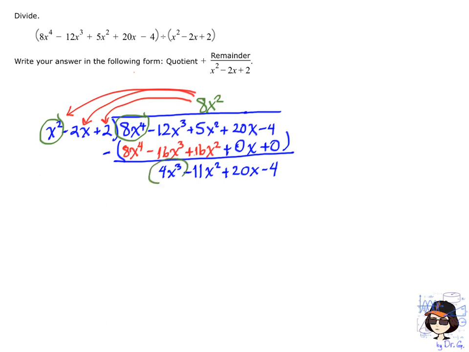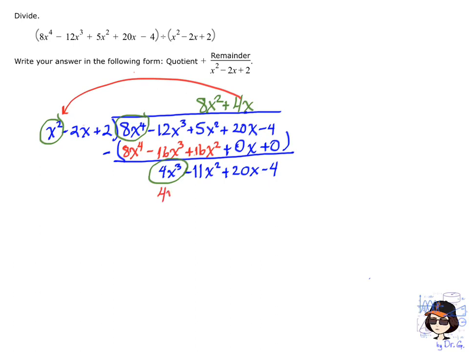Looking at the leading terms, 4x to the third divided by x squared, it's going to be a positive 4x. So let me get rid of those arrows. So now I'm going to multiply. 4x times x squared is 4x to the third. 4x times negative 2x is negative 8x squared.